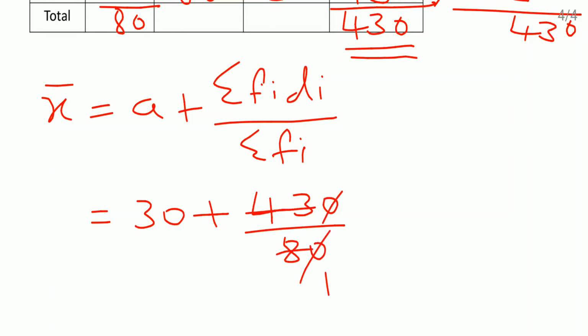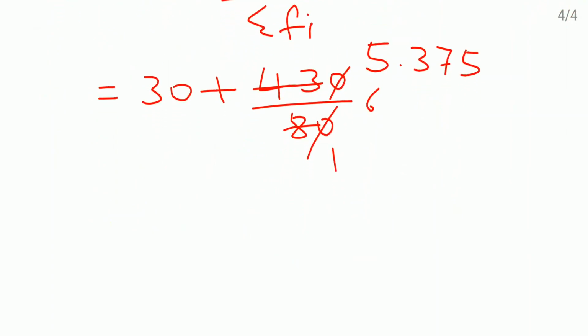8 ones are 8 and 8 fives are 40. 3 is remaining. Decimal please. So 3 is remaining, that means 8 3s are 24. 6 is remaining. Then 8 7s are 56. 4 is remaining and 8 5s are 40. So here we'll add 30 and 5.375.